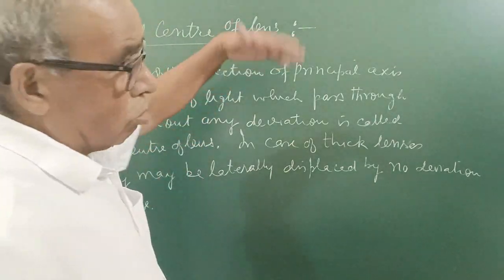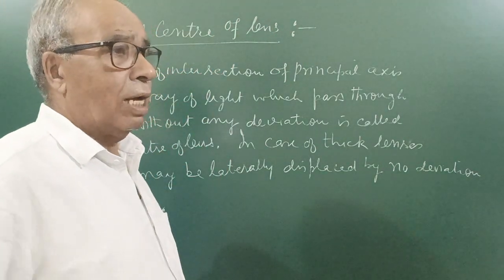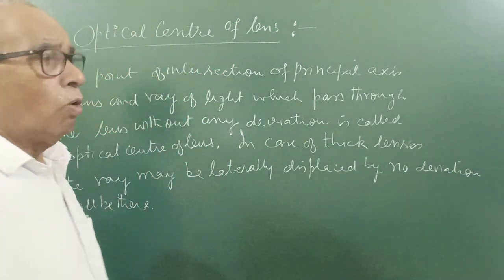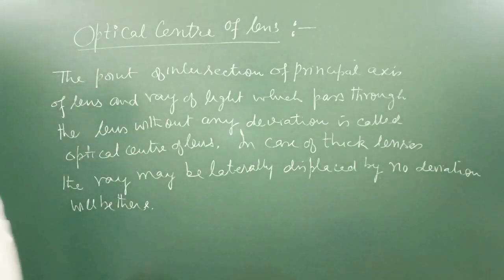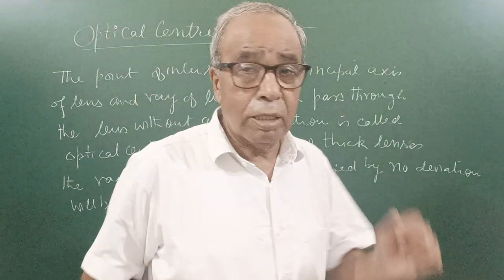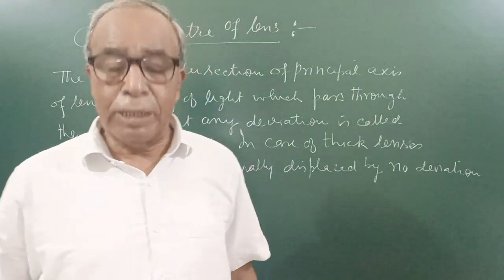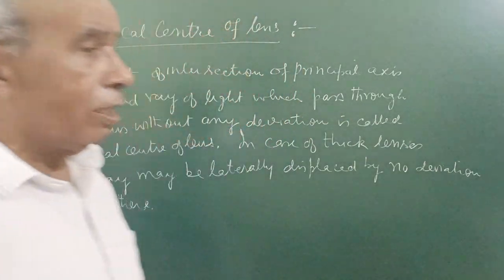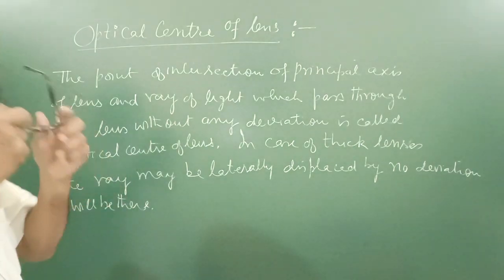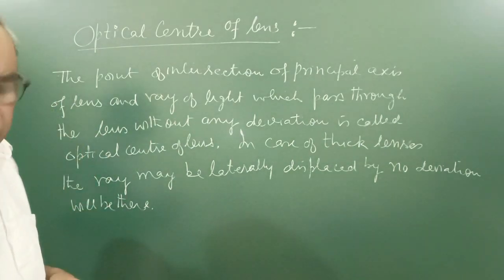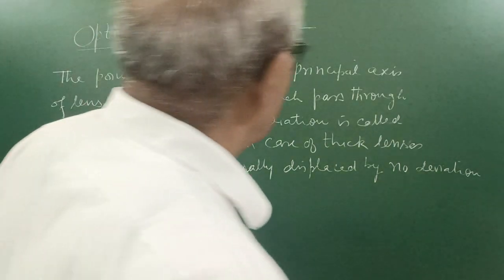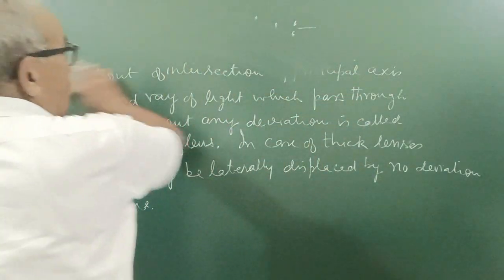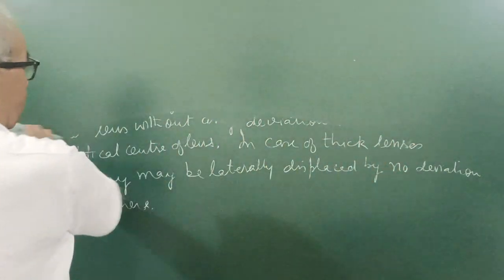All rays get deviated, but there is a unique point, and a ray passing through that point is not deviated, though it may be laterally displaced. In case of thick lens, the lateral displacement may be observed, but no deviation. Try to understand by this diagram.